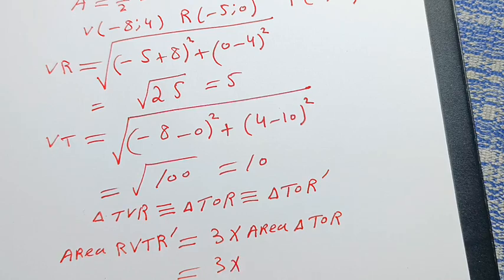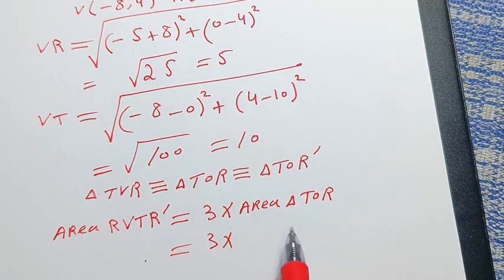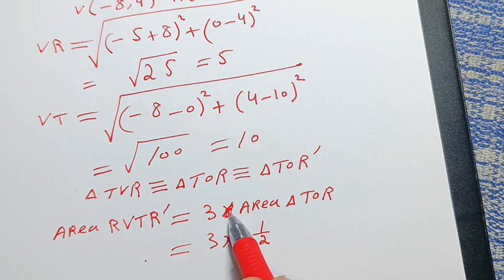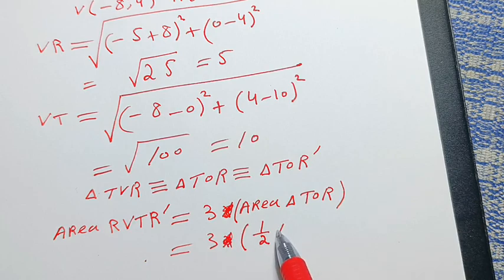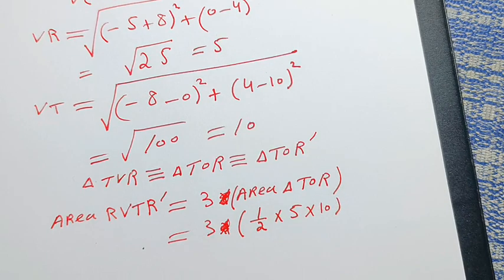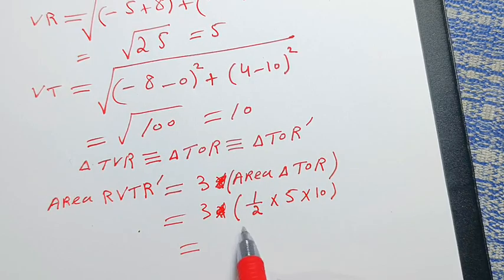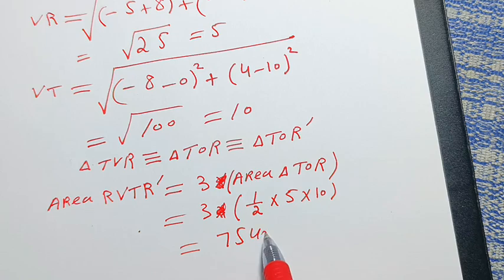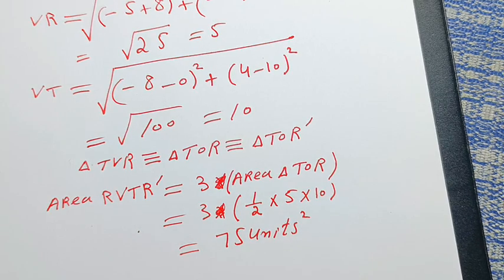So 3 multiply 1 over 2, the area is 1 over 2, so 3 multiply the base, we have 5, and the height we have 10, and I use my calculator. The answer is going to be 75 units square. So this is my final answer.